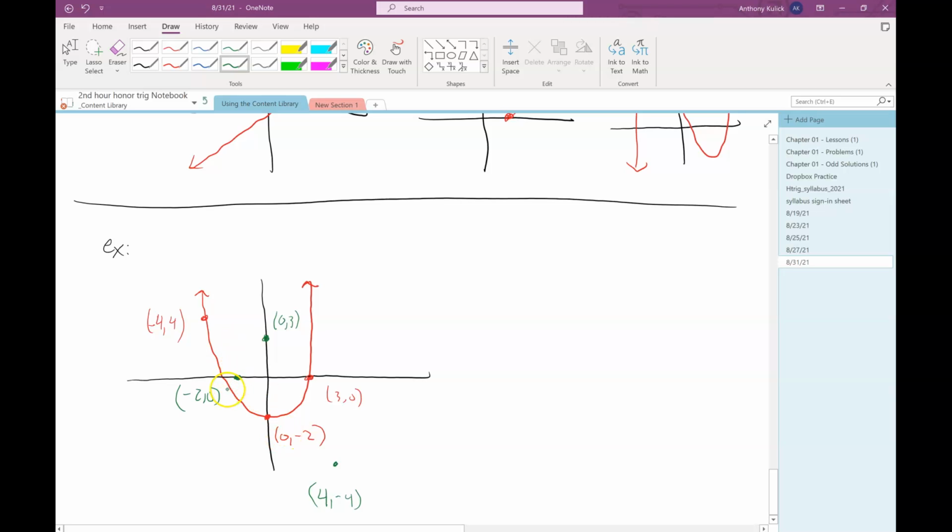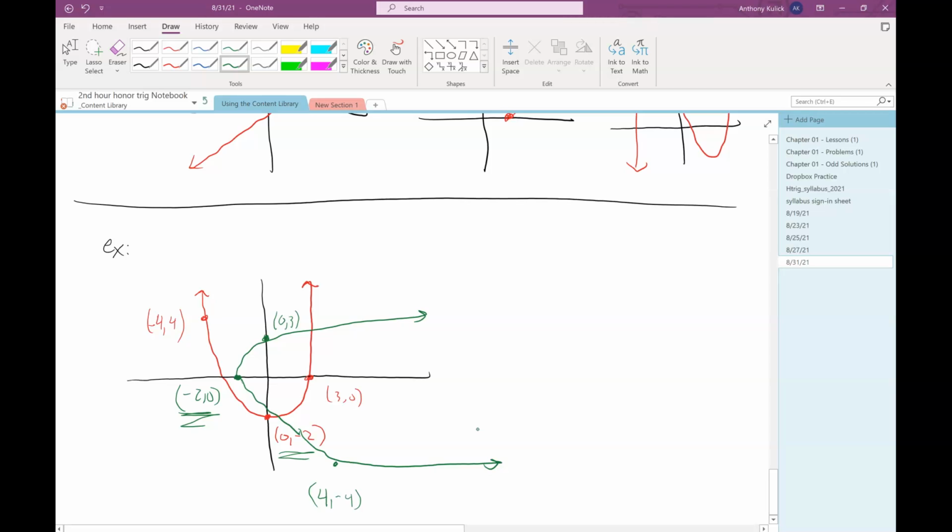So the important piece is that this point was my vertex before. It's still my vertex now. So I'm just going to connect this. Is that okay with everybody?